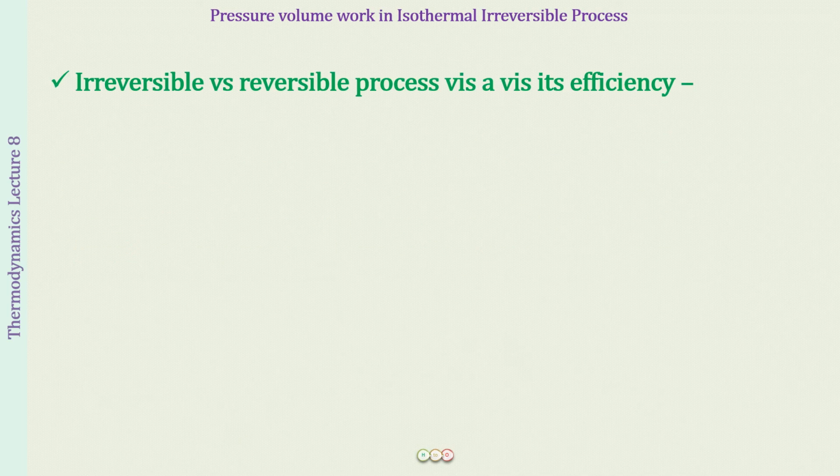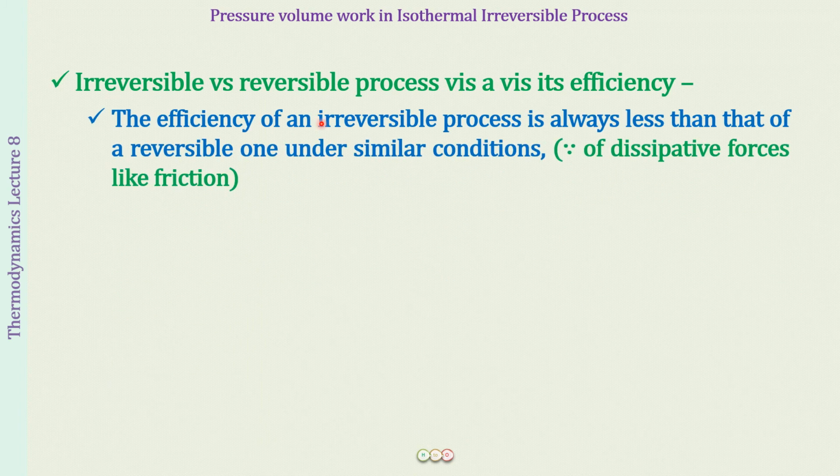So now, why did we do all this discussion about the work done in the irreversible process, work done in the reversible process, work done in expansion, compression? Well, this is because we want to develop machines that are maximum efficient. And now what we know is that the efficiency of the irreversible process is always less than that of the reversible one under similar conditions, because there will always be loss of energy because of the dissipative forces like friction, etc. All right.